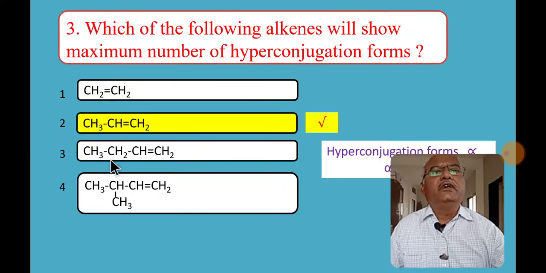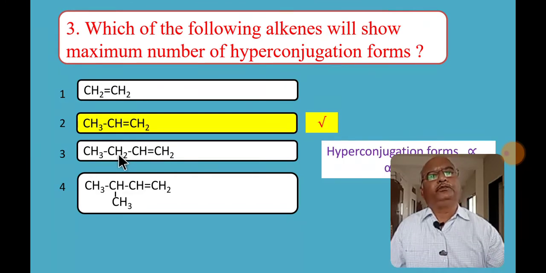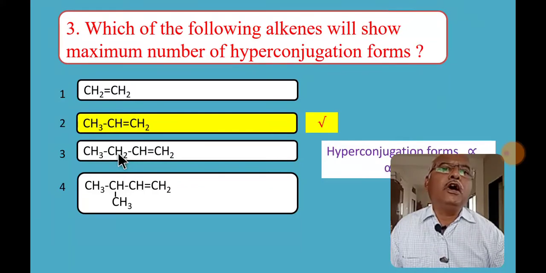Now you see, this carbon is attached to a doubly bonded carbon. Therefore, this is an alpha carbon. Hydrogens attached to alpha carbon are alpha hydrogens. So here 2 alpha hydrogens are present.